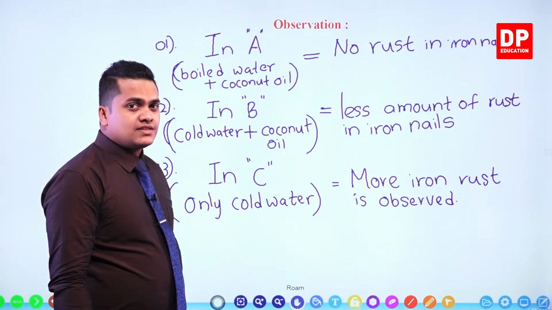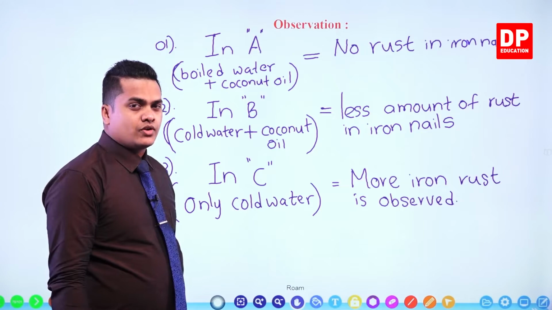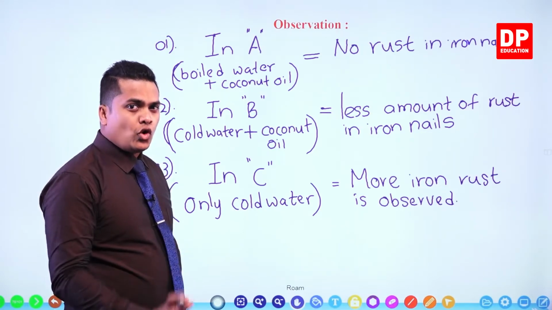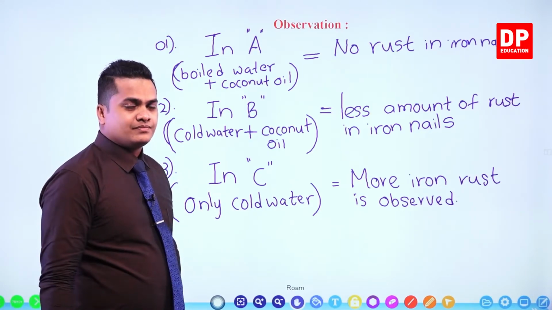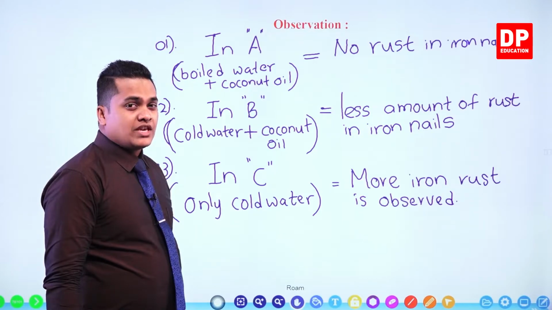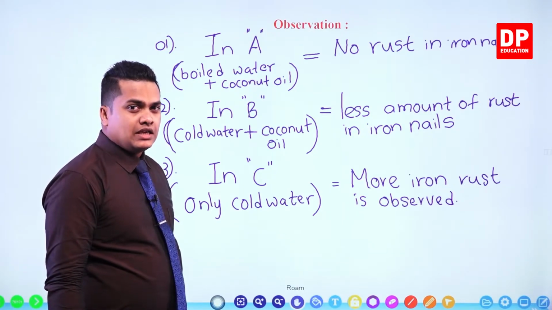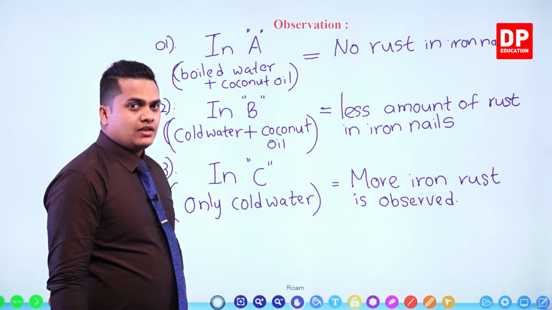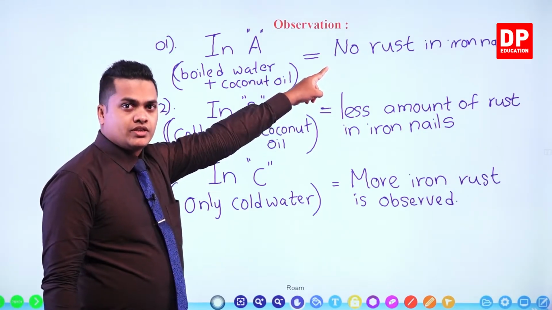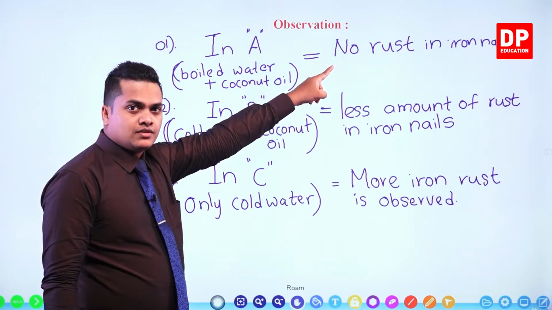So gases or air particles are not going to dissolve at all in the system. So there is no air in system A. So therefore, there is no rust in the iron nails.